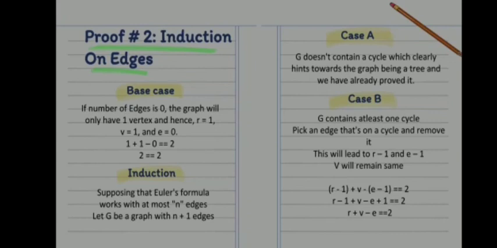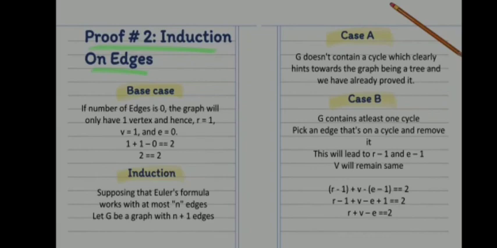Now, applying mathematical induction, we suppose that Euler's formula works with at most n edges. Now, taking a graph with n plus 1 edges, we see two cases. In case A, the graph doesn't contain a cycle, which means it is acyclic, which clearly hints towards it being a tree, as we have seen before that trees are acyclic, and that we have already proved.